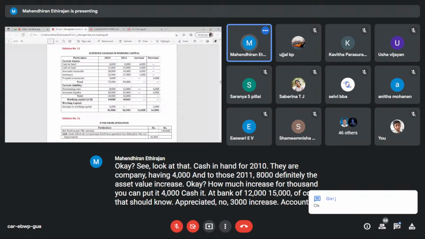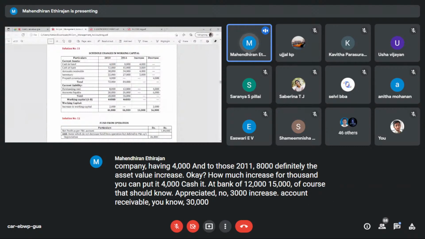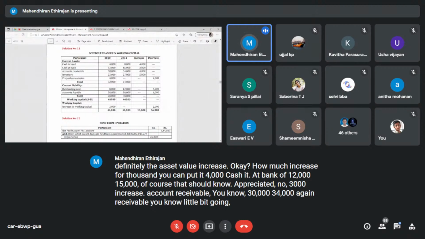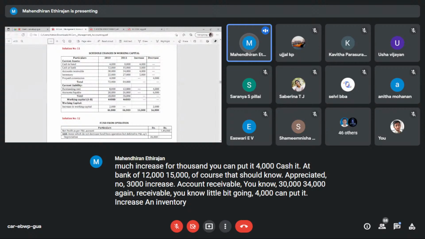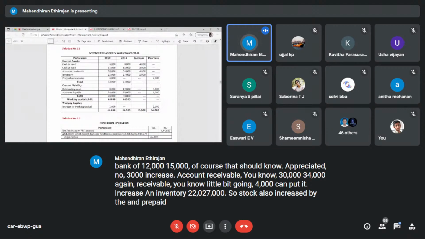Accounts receivable 30,000, 34,000, so 4,000 increase. Inventory 22,000, 27,000, so stock also increased by 5,000. And prepaid commission, only 4,000 is there.